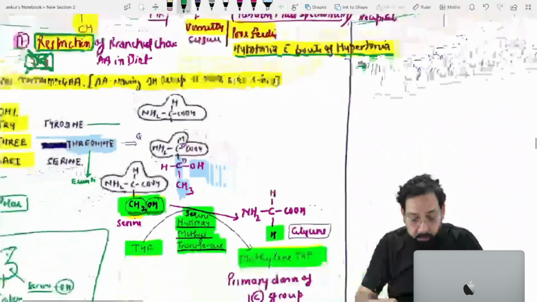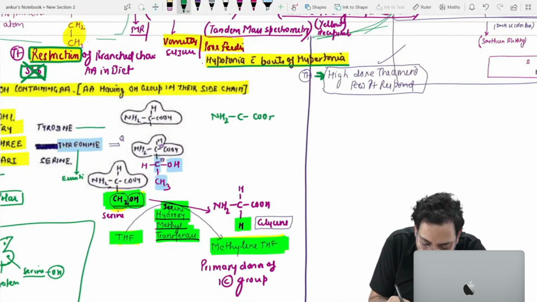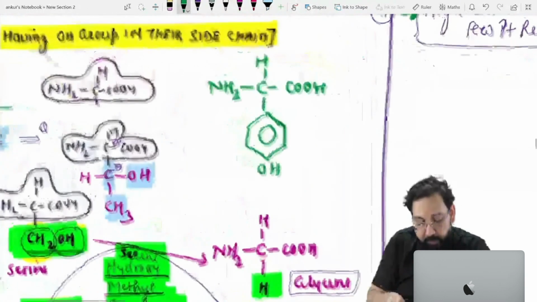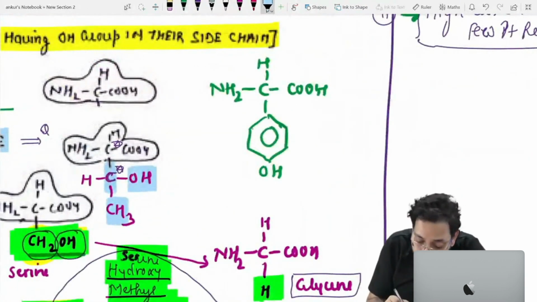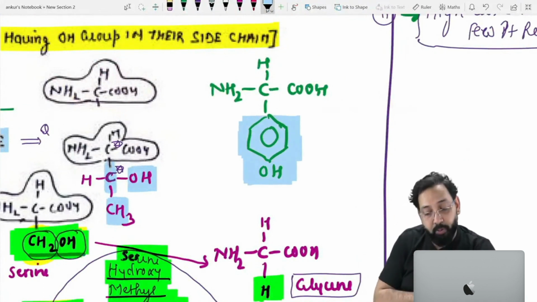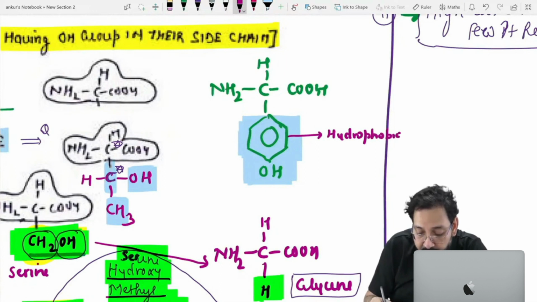I draw the structure of tyrosine here. Although I will discuss it in detail, for the time being: NH2, C, COOH, H, and if I make this aromatic ring and OH, this is tyrosine. It has this aromatic ring and this hydroxyl group. Due to the aromatic ring, it makes hydrophobic interaction.